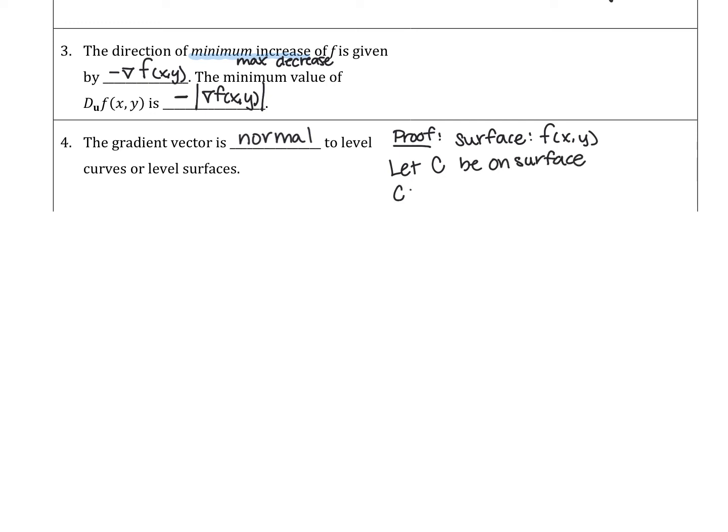And if we parameterize this curve, we might call it r(t) equals the vector x(t), y(t). Now, when we talk about a curve, a level curve or a level surface, remember that is some k value that is equal to the surface. So this is our level curve.